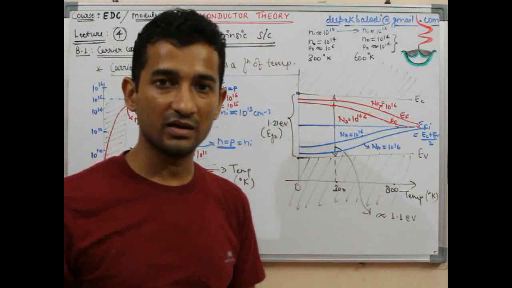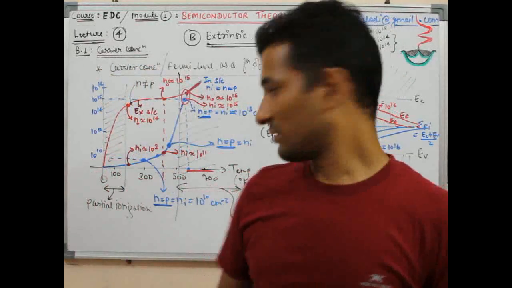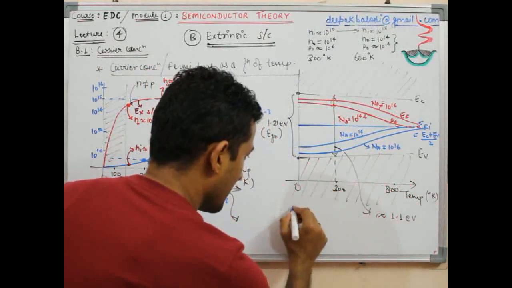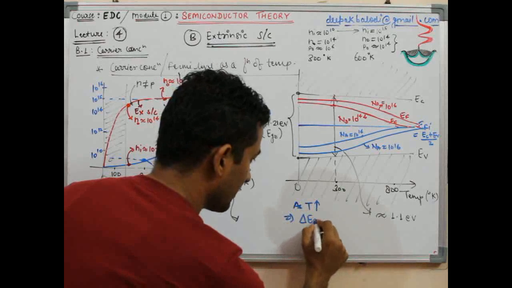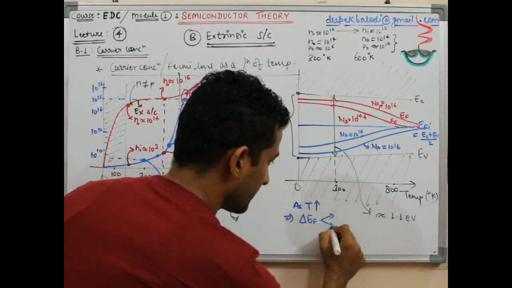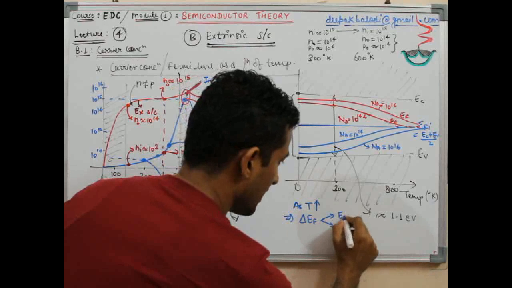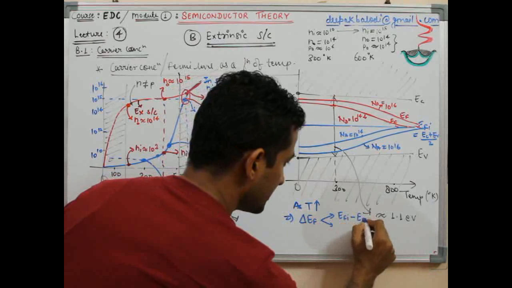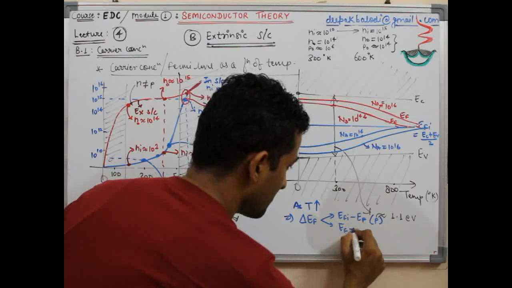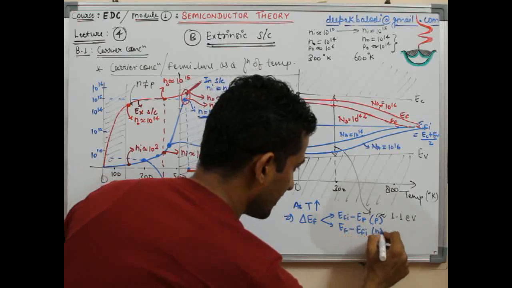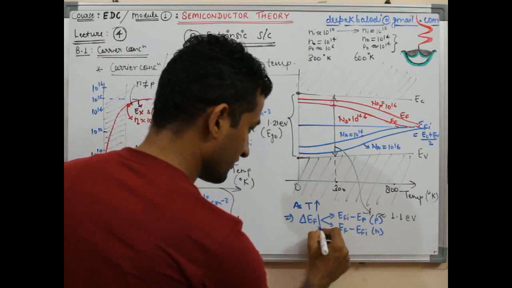So if temperature increases, let me quantify it. As temperature increases, delta EF, which is EFI minus EF in the case of P-type and EF minus EFI in the case of N-type, reduces.